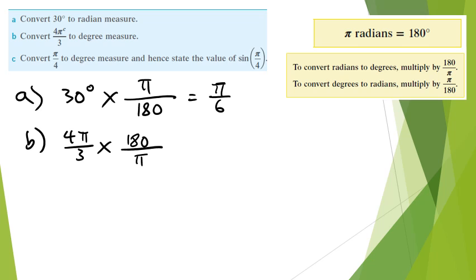If you're trying to change it to degrees, make the top degrees. If you're trying to change it to radians, make the top a pi. Yes? That's the other way of remembering it. Anyway, so the pi's cancel. 3 goes into 180 60 times. So then multiply the 2 and you get 240 degrees.